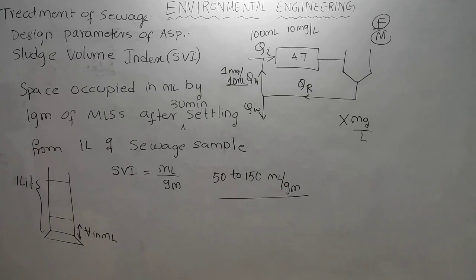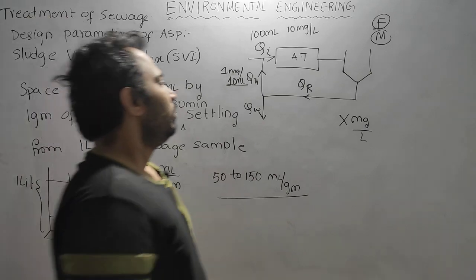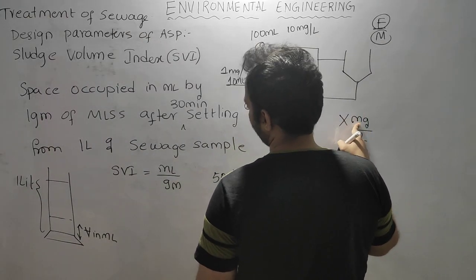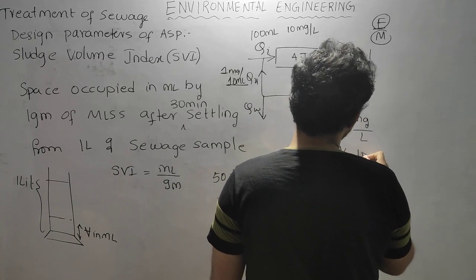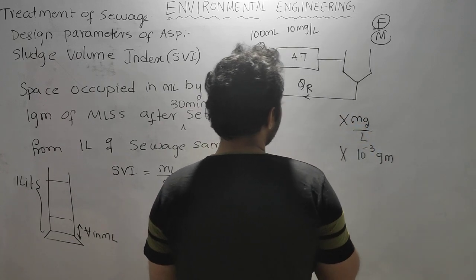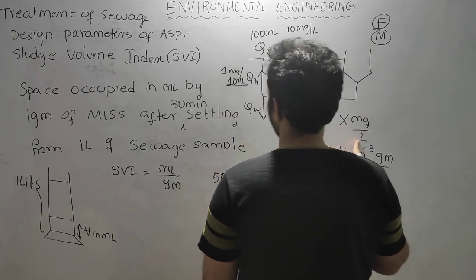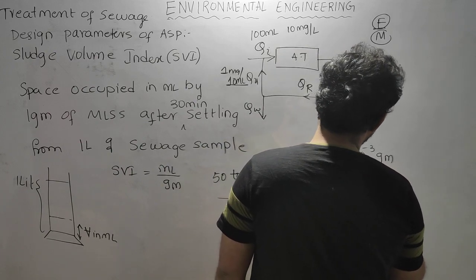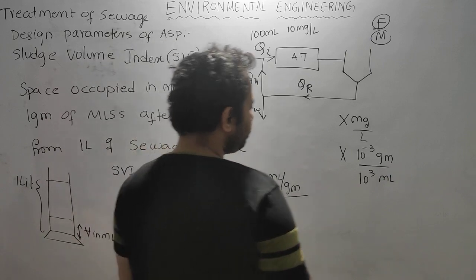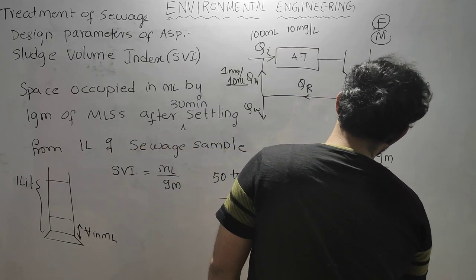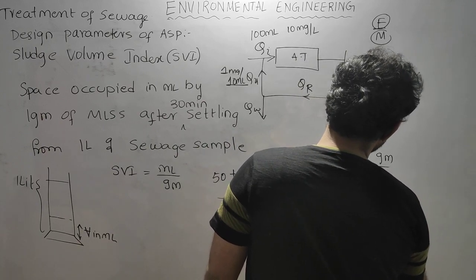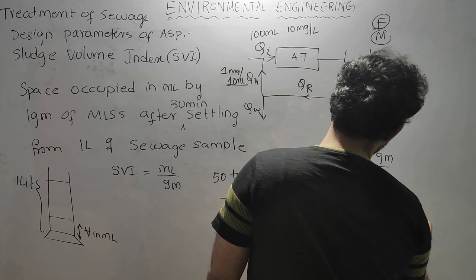Now if I convert this milligram into gram, that is 10 to the power of minus 3 gram. And a liter in ml is 10 to the power of 3 ml. So here X into 10 to the power of minus 6 gram per ml.